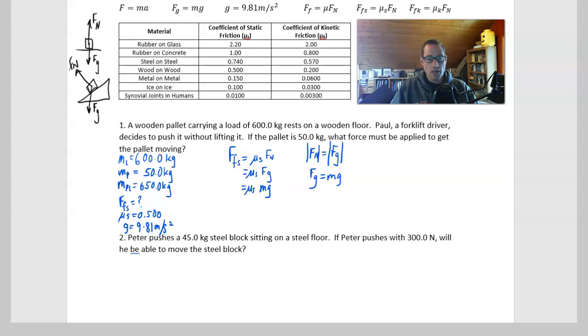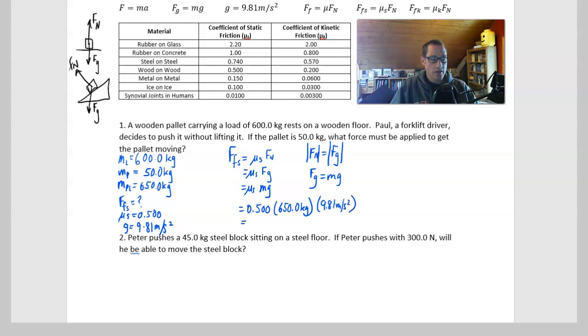Then we know mu s, we know m, it's the mass of the pallet and load, and we know gravity. So we can just put all those values in. We have 0.500 times the mass, which is 650.0 kilograms, times gravity, which is 9.81 meters per second squared.